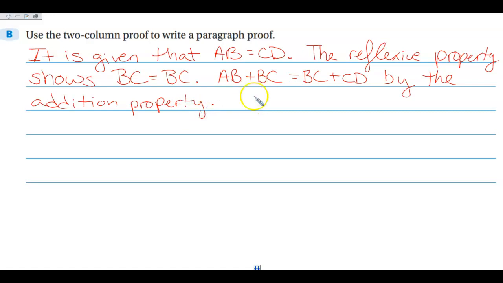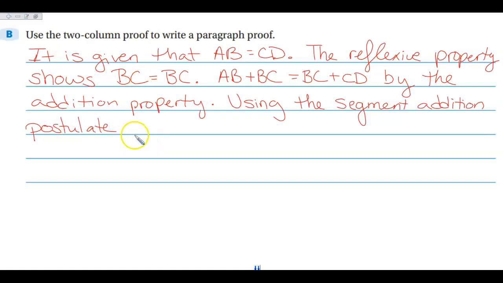Okay, then I can say using the segment addition postulate, I have that AB plus BC equals AC and BC plus CD equals BD.